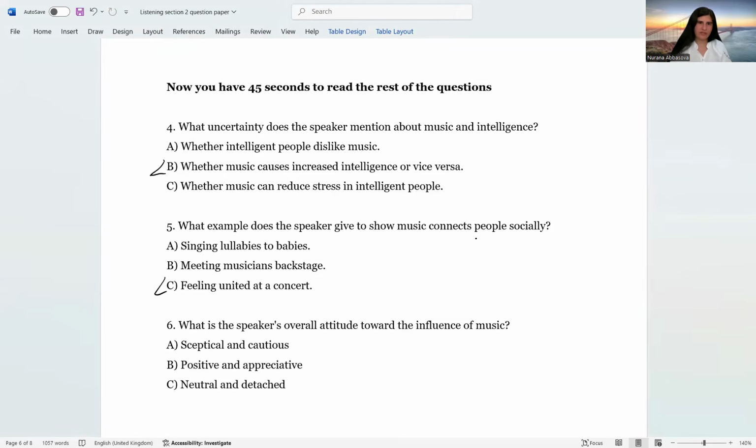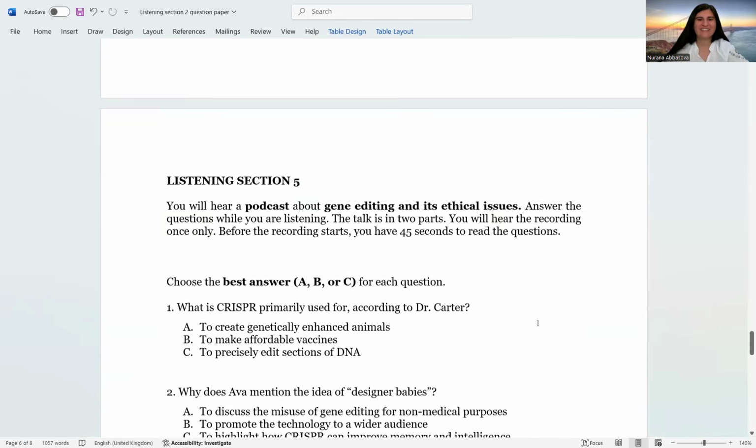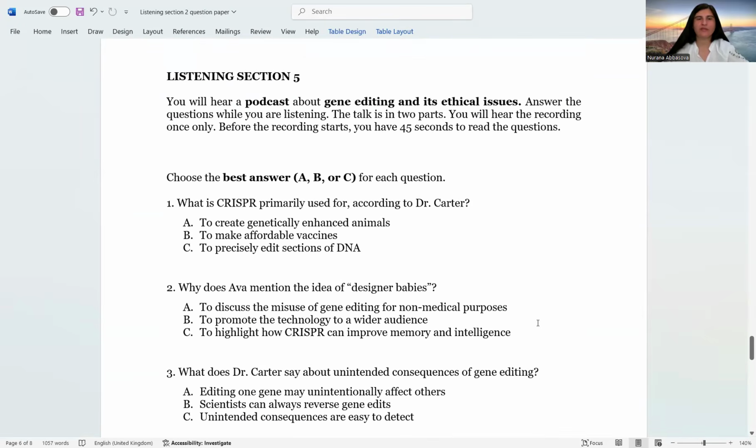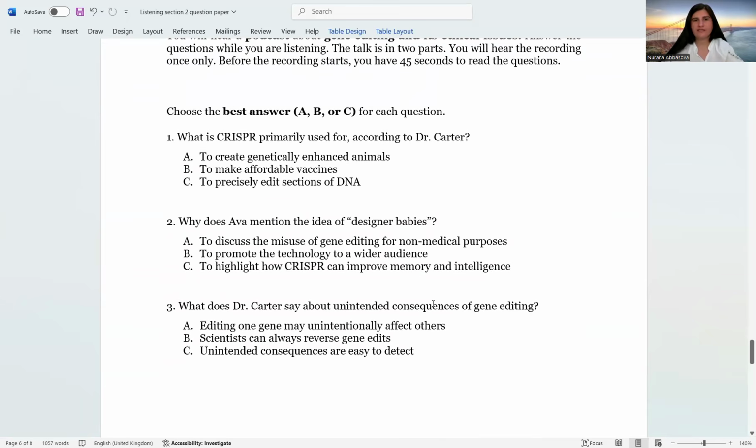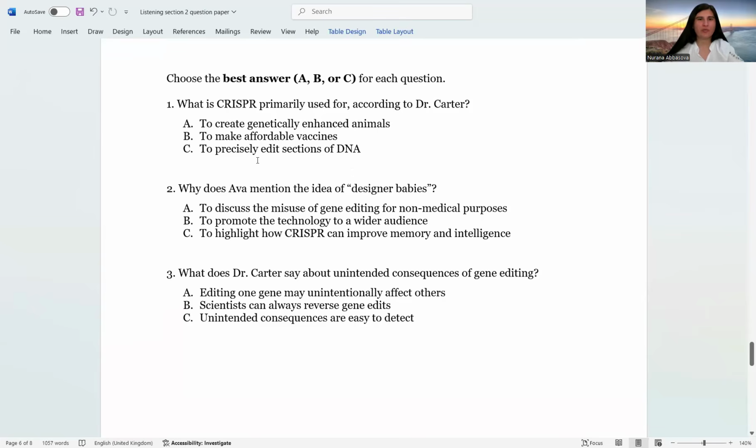ECB, who has written, is correct. Yeah, unfortunately you were late. Yes, okay. The last one, which was the hardest one, gene editing. Actually, this as a subject is a difficult one, but the fifth listening is generally difficult. As in IELTS, the last part is difficult. In all exams, the last section is the most difficult one. We cannot do anything. They challenge us actually to see how much we can.